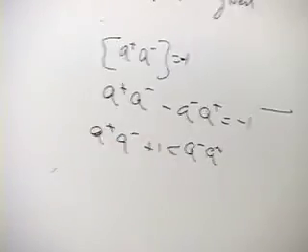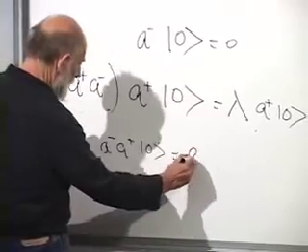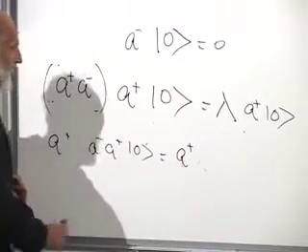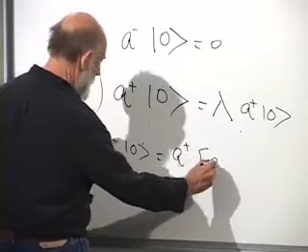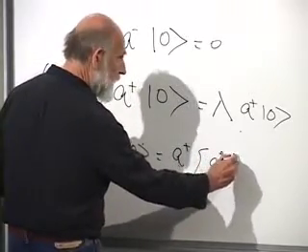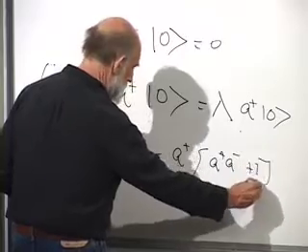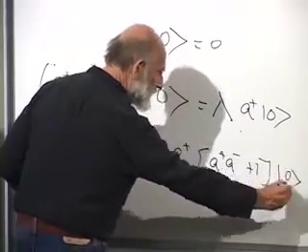So let's do that. This is equal to A plus times A plus A minus plus 1 on 0.